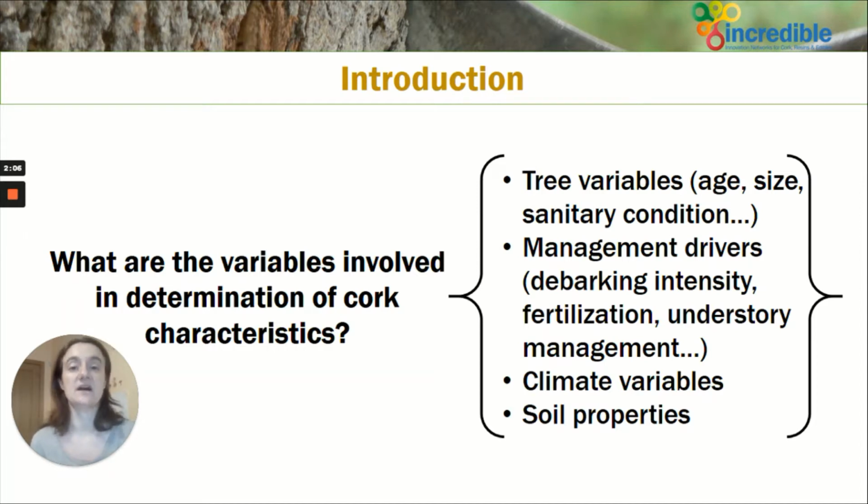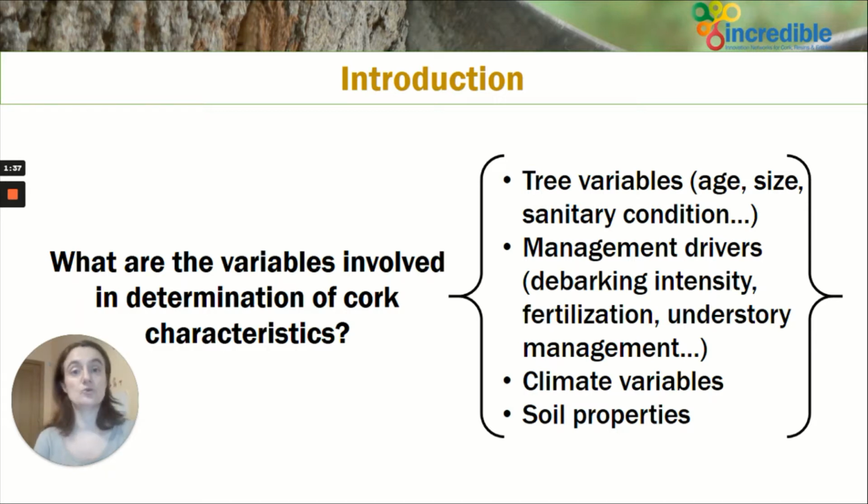For example, the debarking height, the number of main branches that are debarked in one tree, the fertilization, if it's present or not, the type of fertilization that is applied, understory management, understory characteristics. Climate variables: from previous literature, we know that climate is one of the main drivers affecting the annual cork growth and the resulting cork thickness.